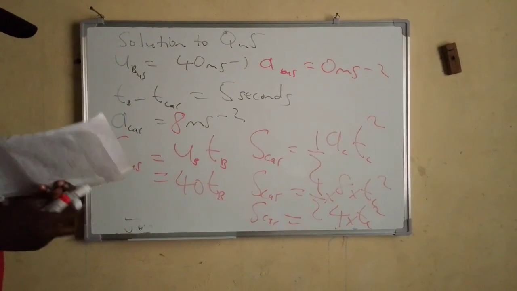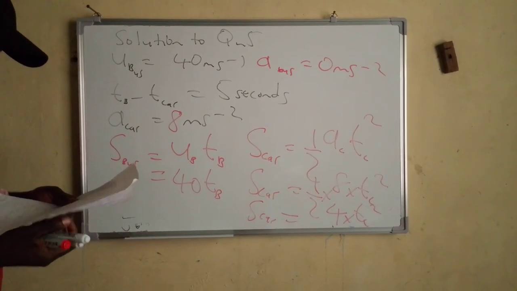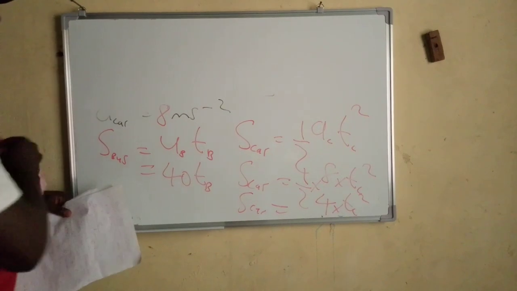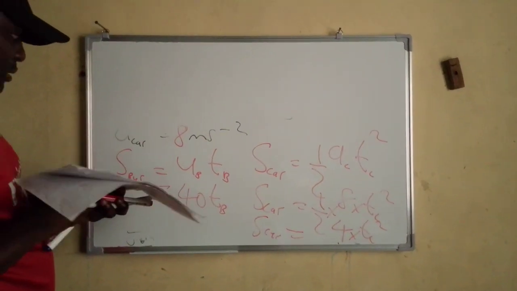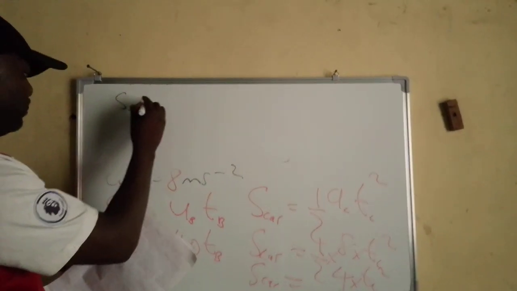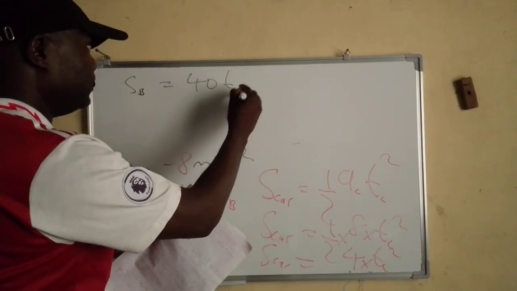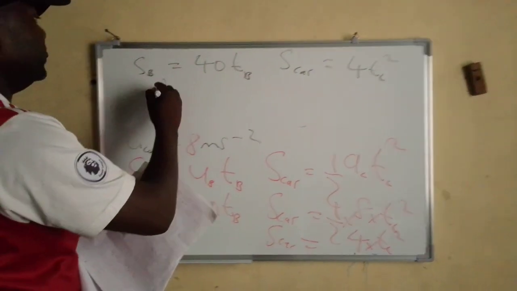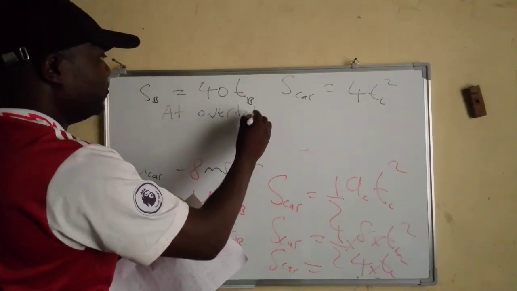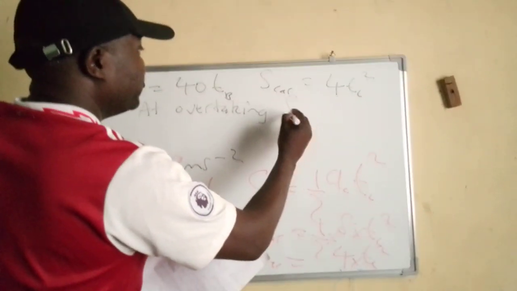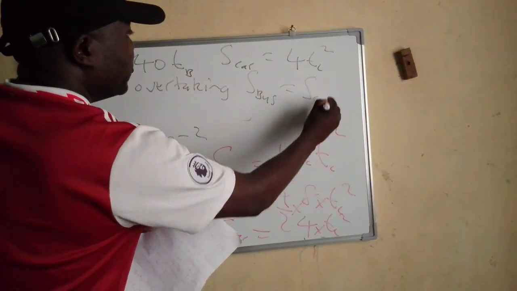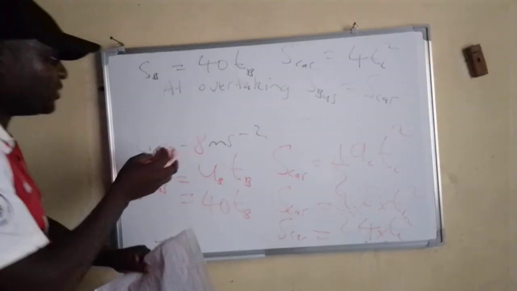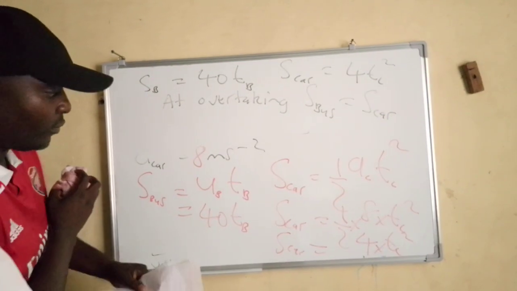We want to calculate the distance traveled by the car before overtaking the bus. At overtaking, the distance traveled by the bus is equal to the displacement of the car. This will give us the solution for the displacement traveled by the car at overtaking.